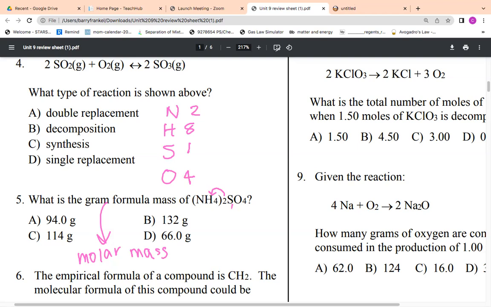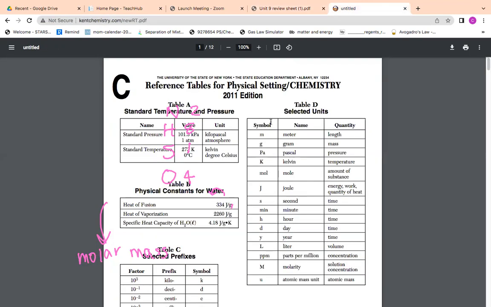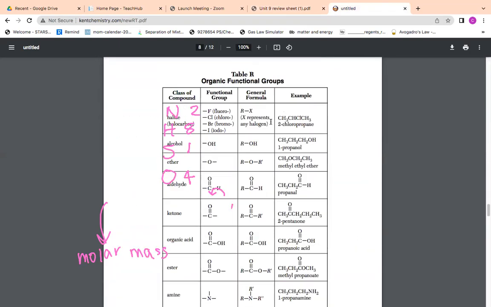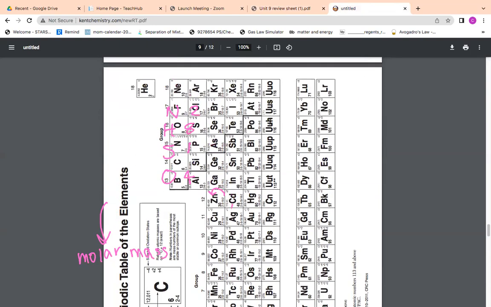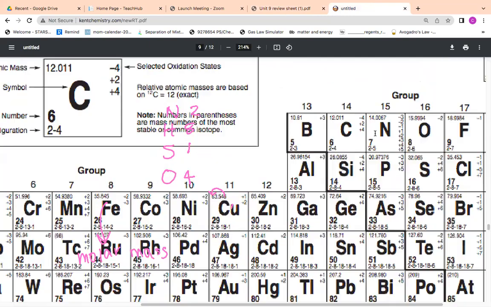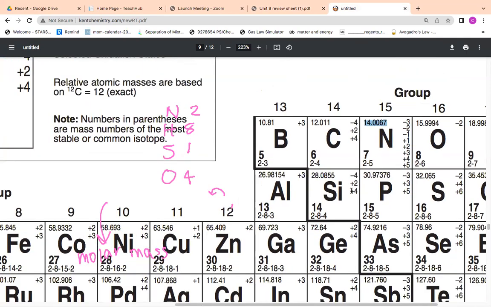Then what you're going to want to go do, I'm just going to show you where to get it. You want to go to your reference table. Don't mind all the writing for a moment, but if you zoom in, all of these numbers here are your atomic masses. This is the information that you're going to need.